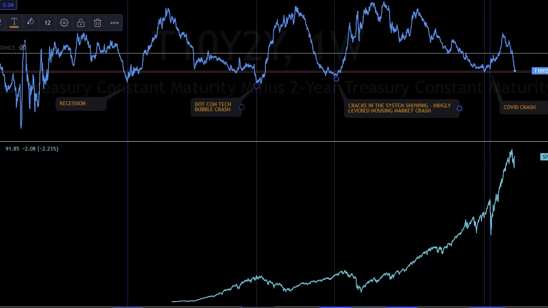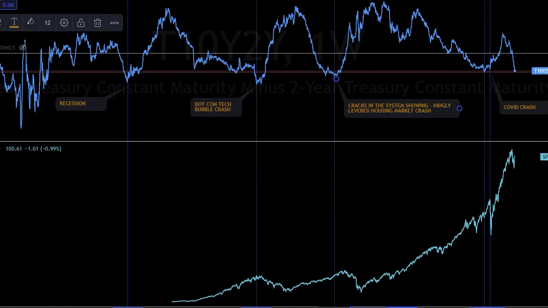As soon as the yield curve inverted, you put a top in the markets. You went for almost that double top test, but you started declining significantly, which led to the dot-com bubble bursting.